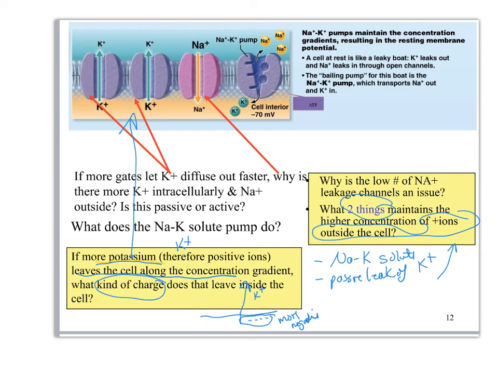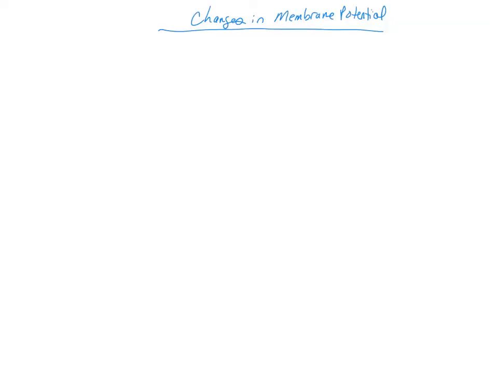So let's follow up on one more slide and just do some follow-up notes. We're going to change membrane potential. How can we change it? First, you've got alterations in the permeability of that membrane to certain ions.